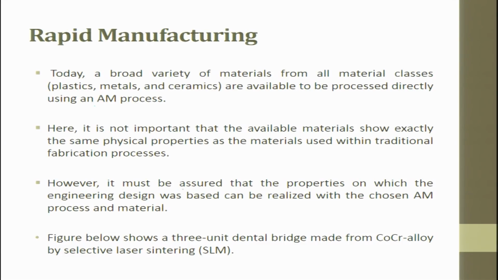However, it must be assured that the properties on which the engineering design was based can be realized with the chosen AM process and material. The figure shows here cobalt chromium alloys have been used for selective laser melting.